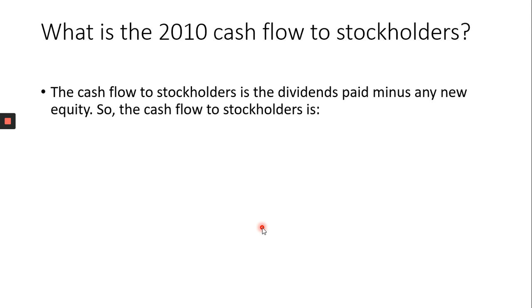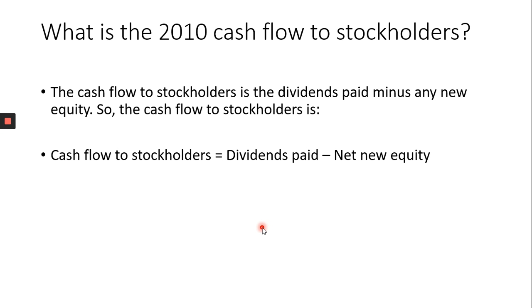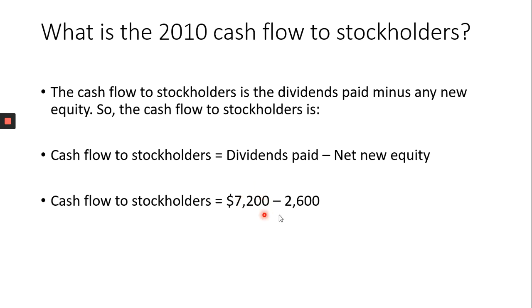Both values are given in the question. They paid a dividend of $7,200 and they issued new equity of $2,600. If you solve this equation, you get cash flows to shareholders, which is $4,600.